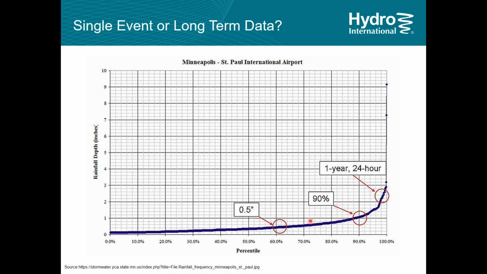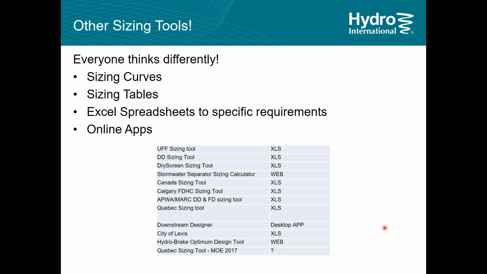That means that everything to the left I'm treating at greater than 80%, and I'm also treating everything to the right up to that level at 80% TSS, and a fraction of everything above that gets some treatment as well, because it doesn't just turn off at that point. But on a net annual basis, I could be sizing down here, and there could be a significant amount of water in this area with a considerable pollutant load that I'm missing because the equipment's gone into bypass. So there's more study to be done.